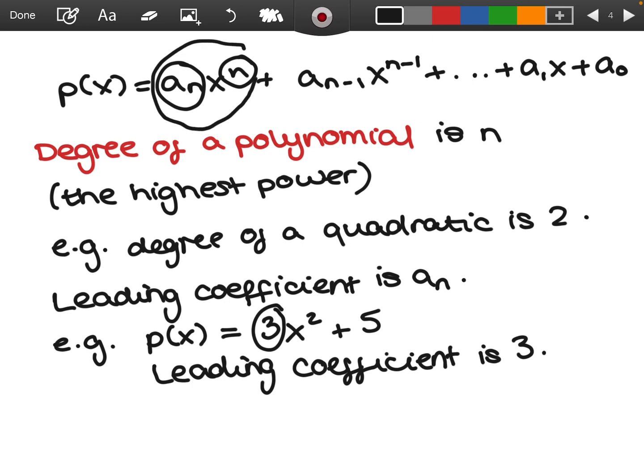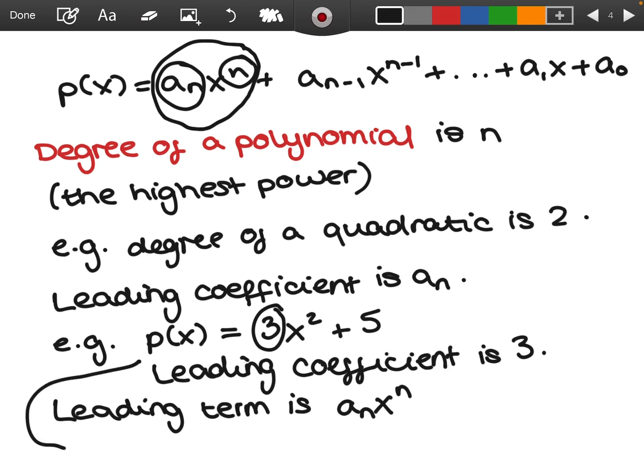The leading term is that whole term that contains that highest power. So it includes the leading coefficient and also x to that highest power. That is the leading term. So if I take my example here, my leading term would be 3x squared.